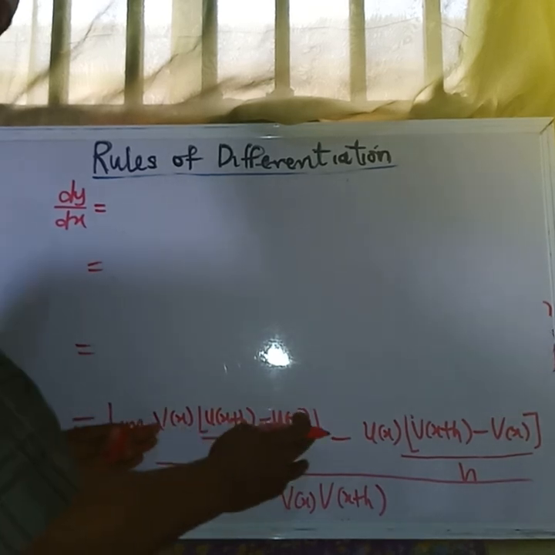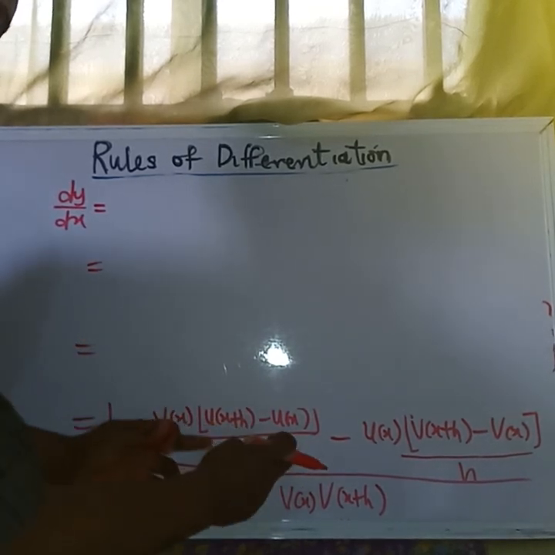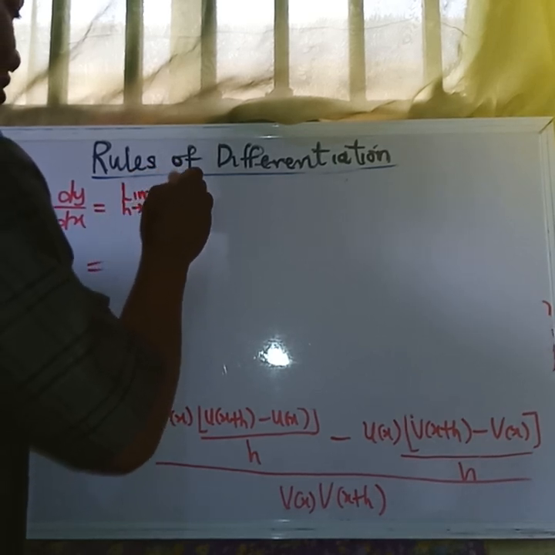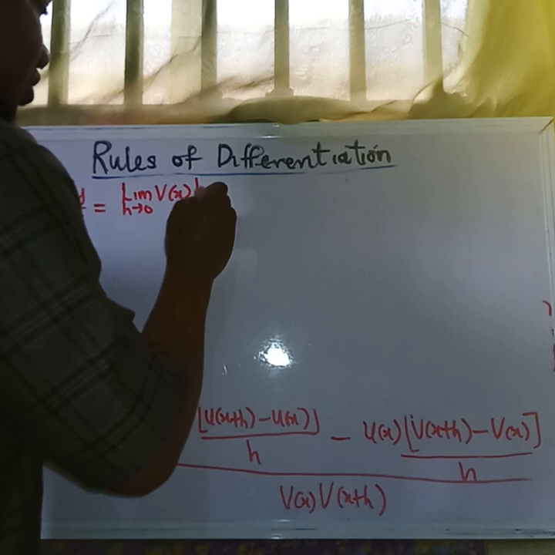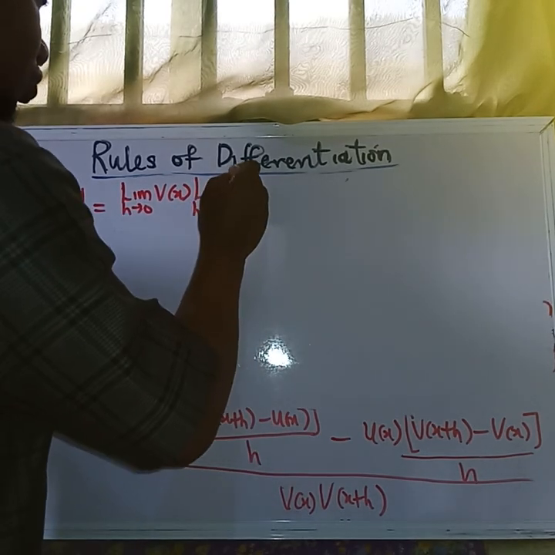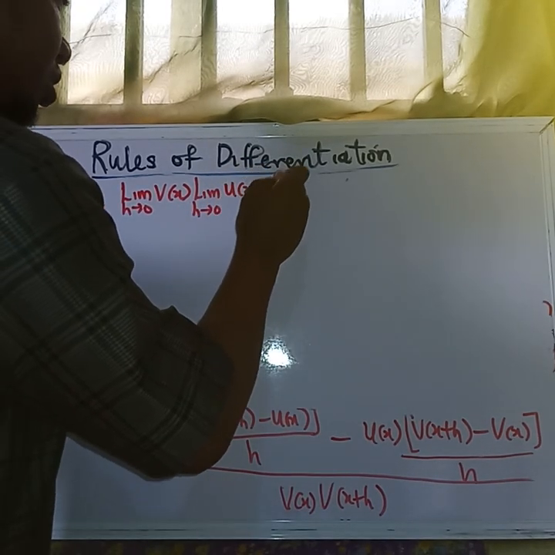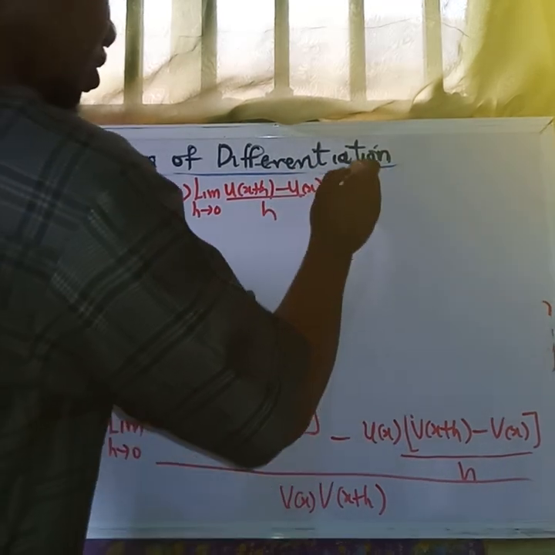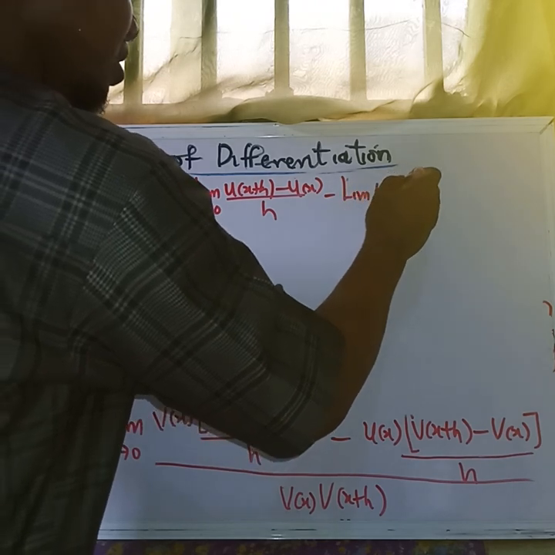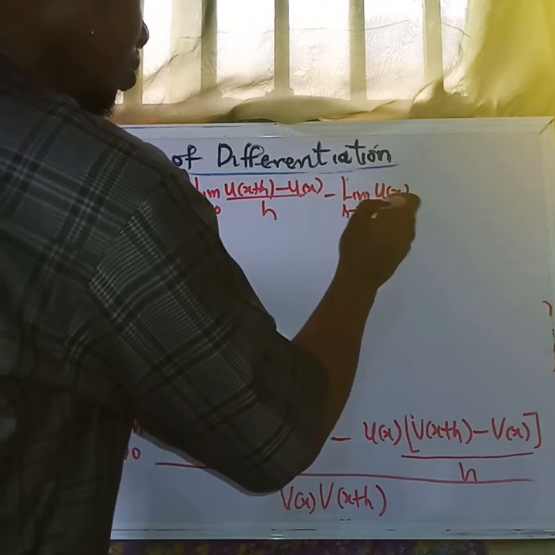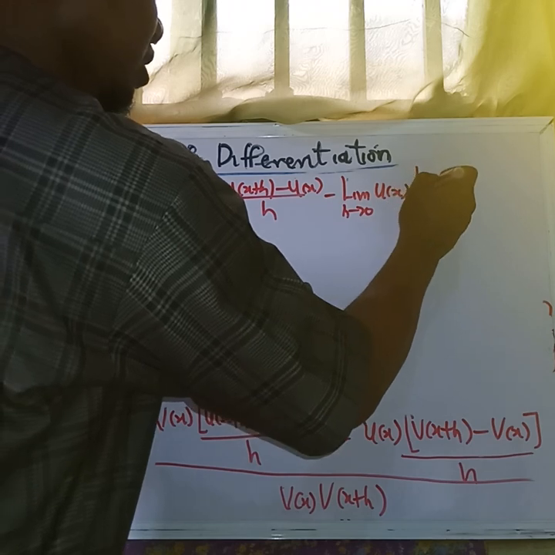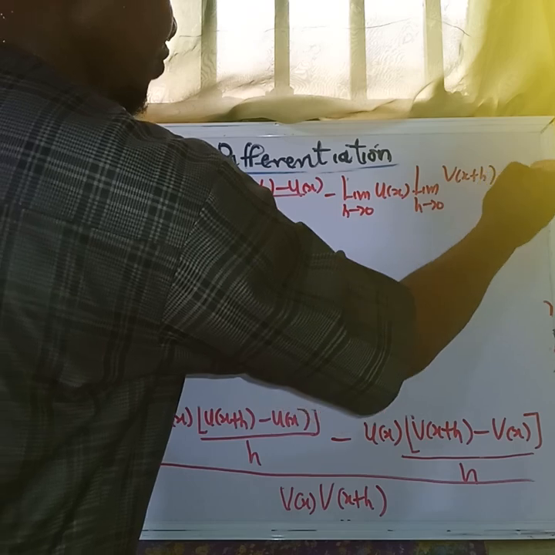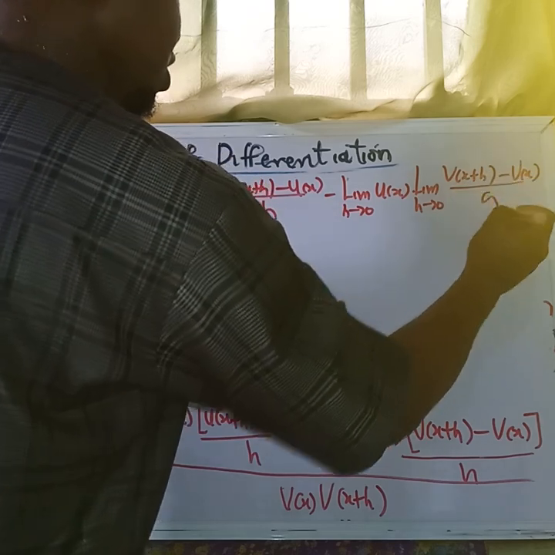So this limit, when it goes for this, we have said it will affect this and it will affect this. Then it will be the limit as h tends to 0 of v of x, times the limit as h tends to 0 of u of x plus h minus u of x over h, minus the limit of u of x as h tends to 0 multiplied by the limit as h tends to 0 of v of x plus h minus v of x over h.